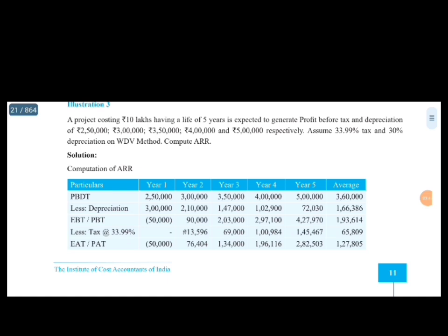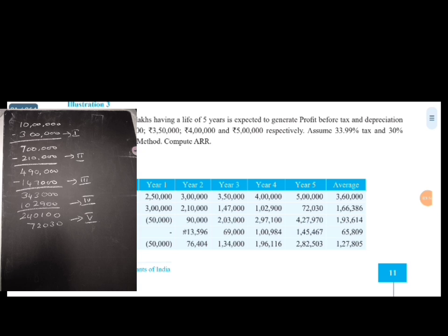for each year. So written down value will be different for all the 5 years. That is, we have to calculate 30% on 10 lakh, that is the cost of the project, that is 3 lakh, and subtract the 3 lakh from the 10 lakh.